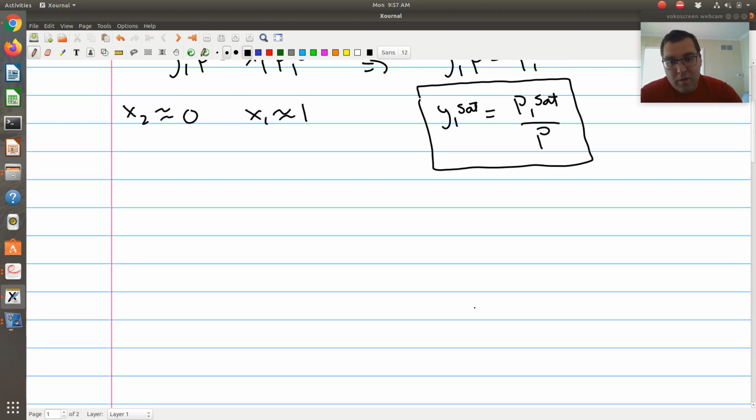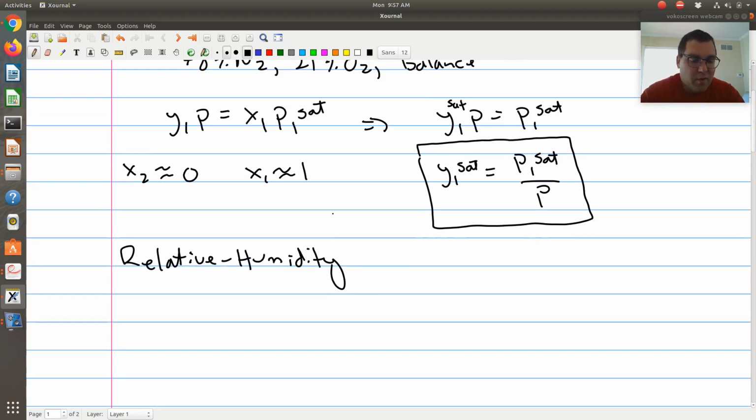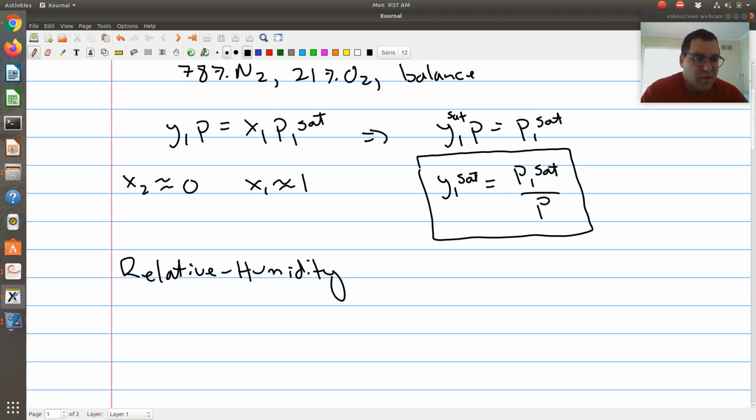And so the next thing we're going to introduce is another term called the relative humidity. The whole idea behind relative humidity: if I look at this equation, which just stems from Raoult's law, this would correspond to the composition of, say, water in my vapor phase at which point it would begin to condense out of solution.